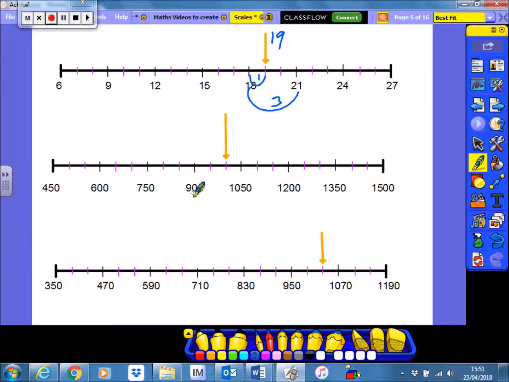So from 900 to 1050, the jump's 150, but there are 3 minor jumps here, which means that each one of these is 150 divided by 3. Each one is a jump of 50. So we'd have 900, 950, 1000, 1050. So this number here would be 1000.